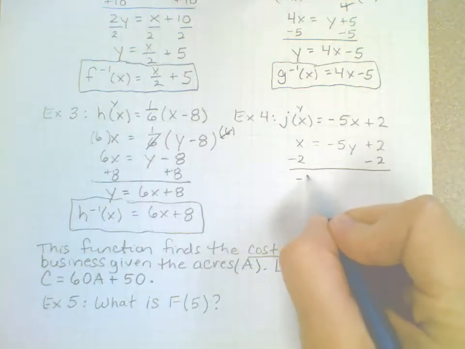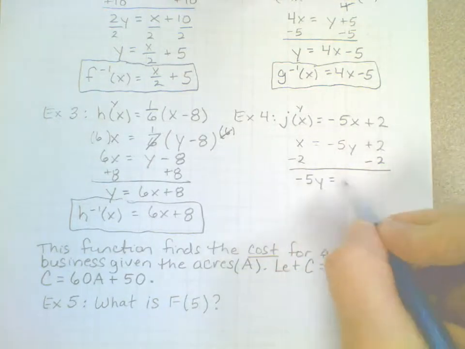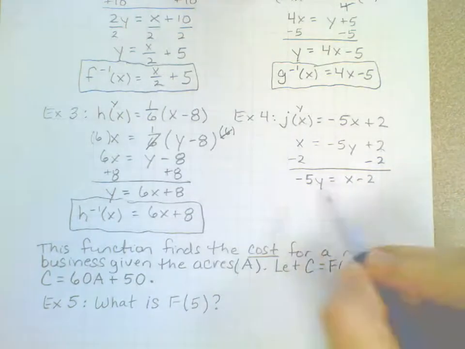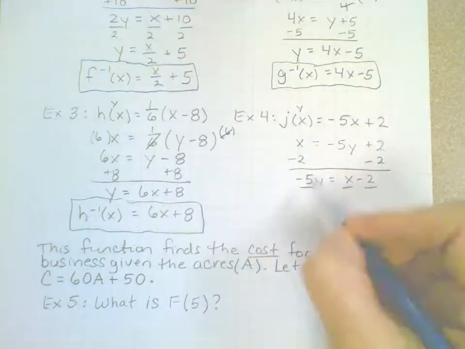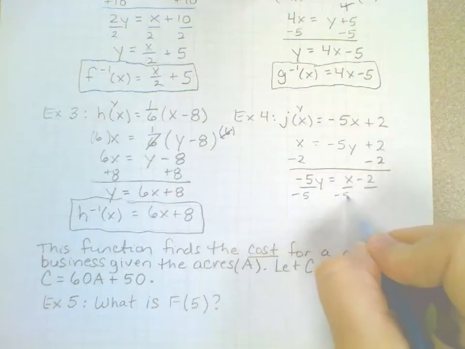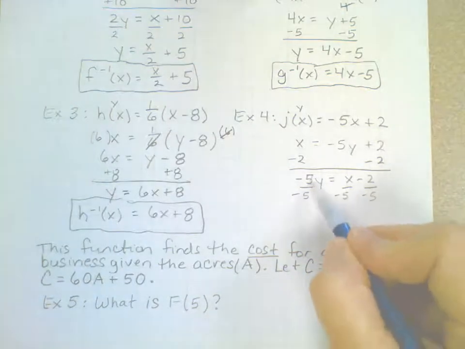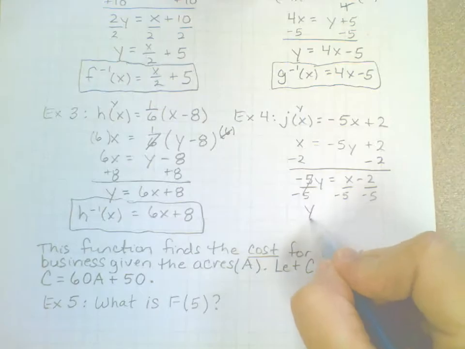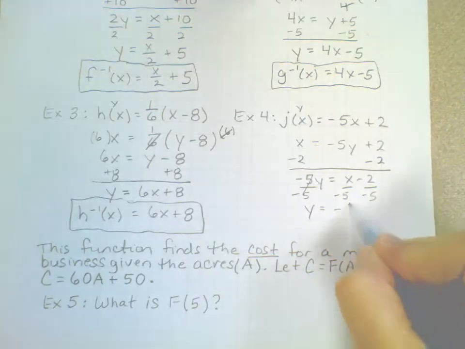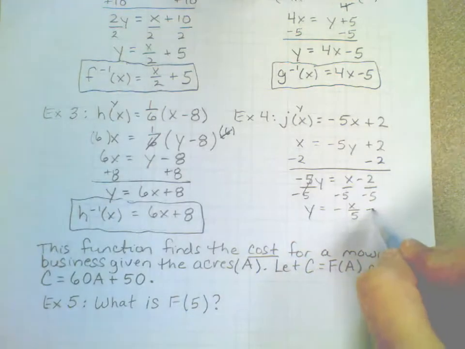I'm going to bring my negative 5y to the left, and that's just x minus 2, and then divide everything by negative 5. So it'd be negative x over 5 minus 2/5.